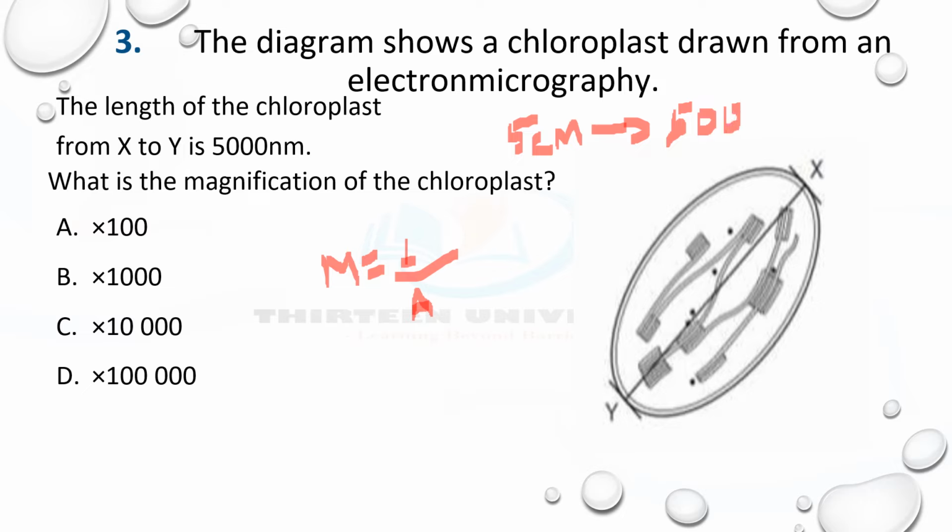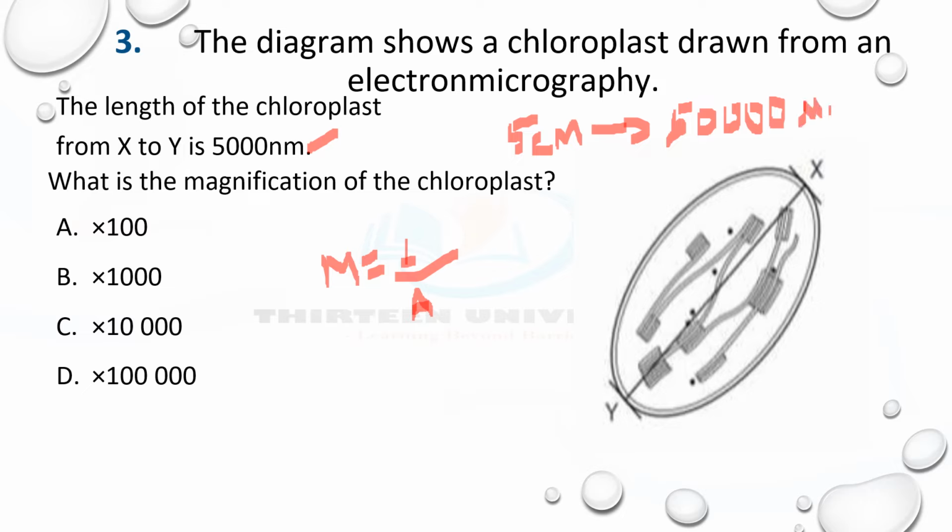So this gives us 50,000. Moving from centimeter to micrometer, you multiply by 10,000, but if you're moving from millimeter to micrometer, you multiply by 1,000. Meanwhile, we have to convert the actual size to micrometer, because everything should be in micrometer.